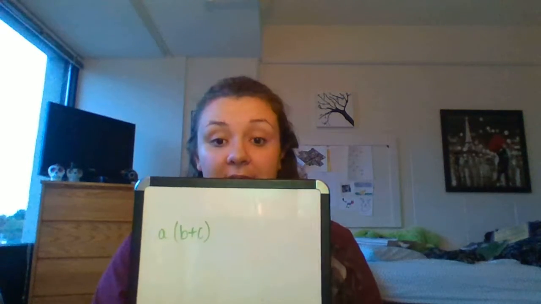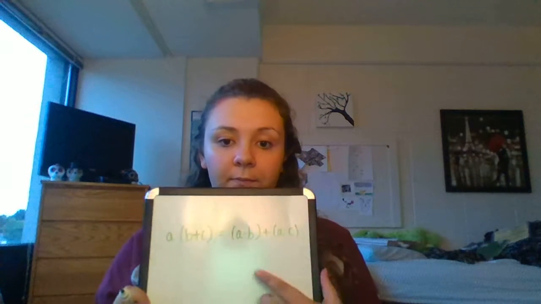Now we're going to do the distributive property. I got to erase this first. Okay, so the formula for the distributive property is A times (B plus C). So we have to distribute.